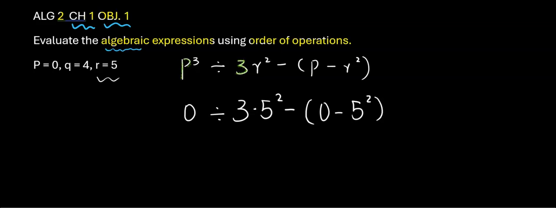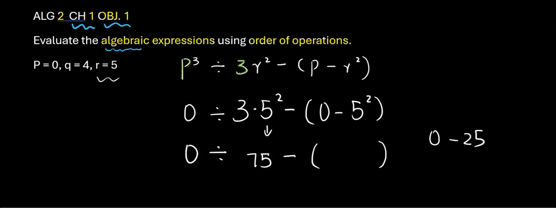Order of operations, 0 divided by 3 times 5 squared. 5 squared is 25 times 3, and we have 75. So 75 it is. Minus inside the parentheses, that is 0 minus 25, that is negative 25.